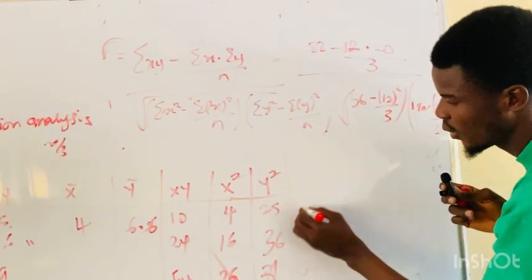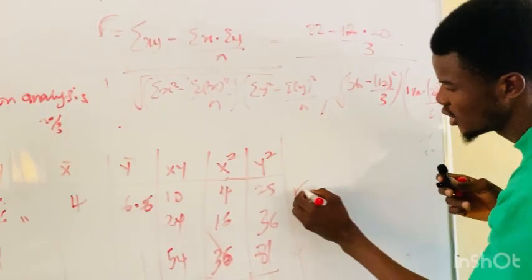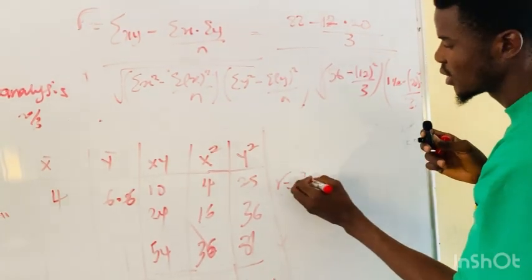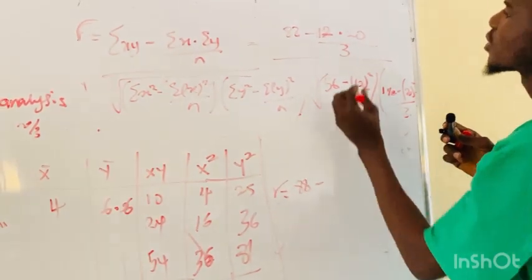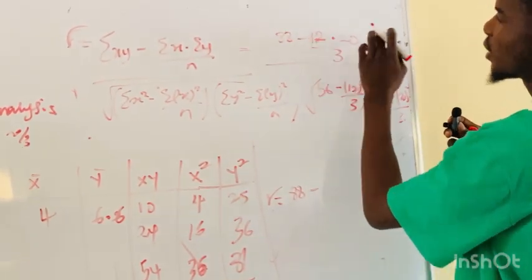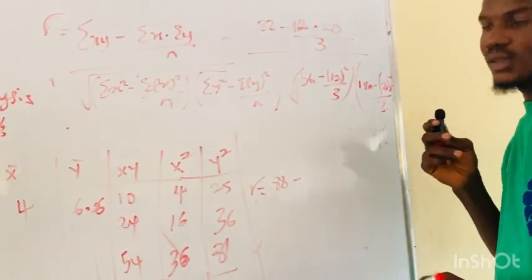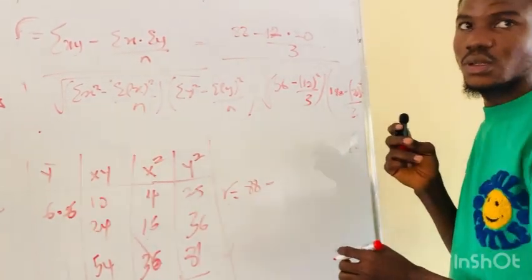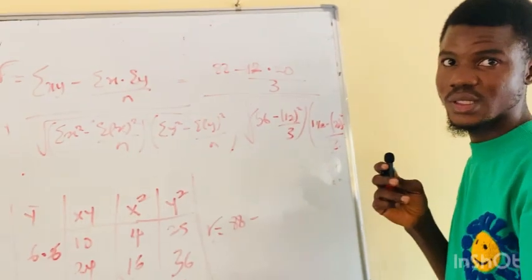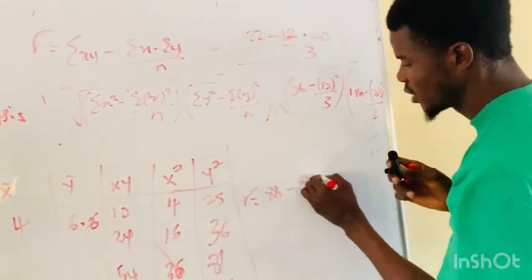So continuation, our numerator is going to give us 88 minus, this one is 12 times 20 divided by 3. Give us what? 12 times 20, then divided by 3 gives us 80.